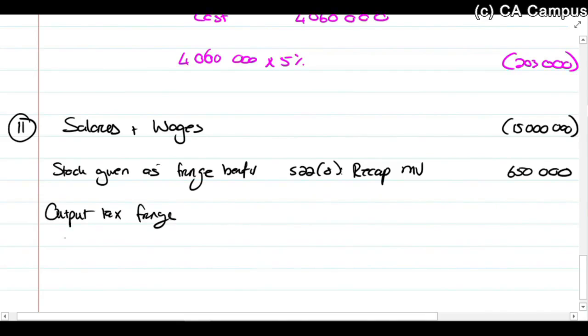Okay, then the output tax on the fringe benefit. This is the same principle as for the company car. What would be the output tax on the fringe benefit? Now, the cash equivalent, this is what you use for the 7th schedule, is the lower of cost or market value.